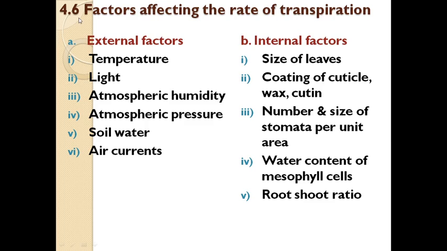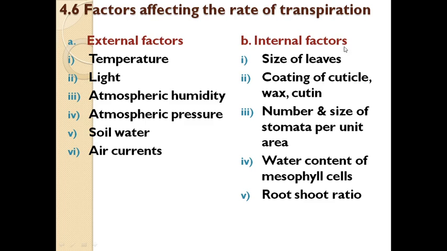So student, firstly I am focusing on the factors affecting the rate of transpiration. I have divided the factors into two types, external factors and internal factors. Firstly, I am explaining the external factors, like temperature, light, atmospheric humidity, atmospheric pressure, soil water, and air current.